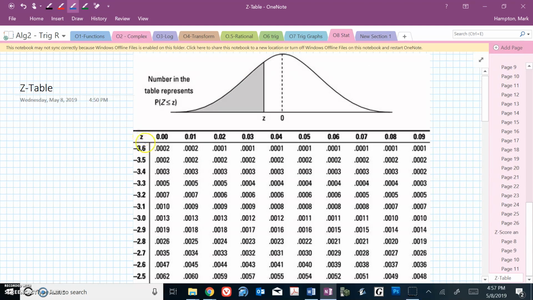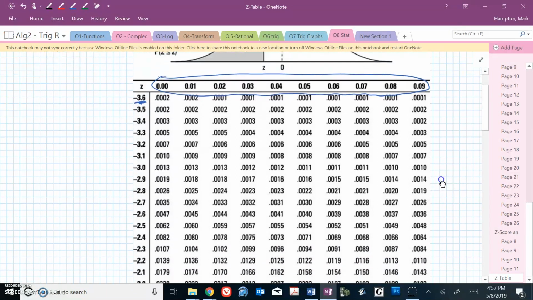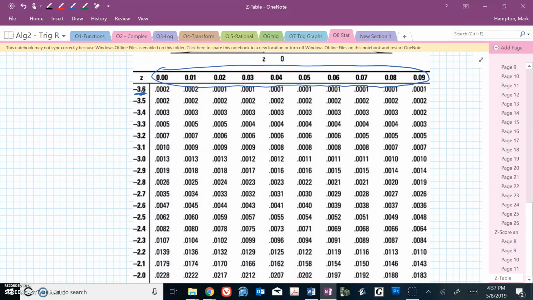So first there's two pieces. There's a number on the left side and a number on the top that you'll have to look at. And if you look at the numbers on the top, you will notice that they have 2 decimal places, whereas the numbers in the left column have only 1. So for instance, let me pick a random place to look at, and we'll pick this one right here.